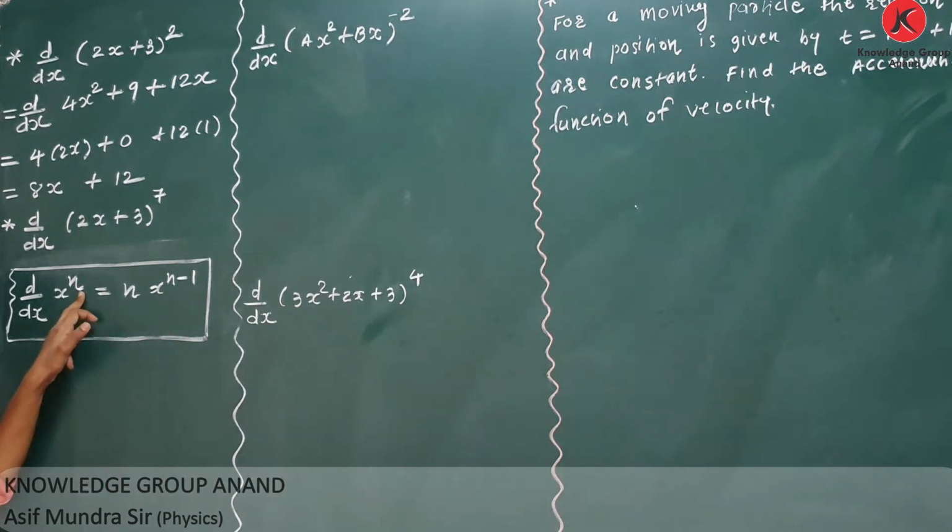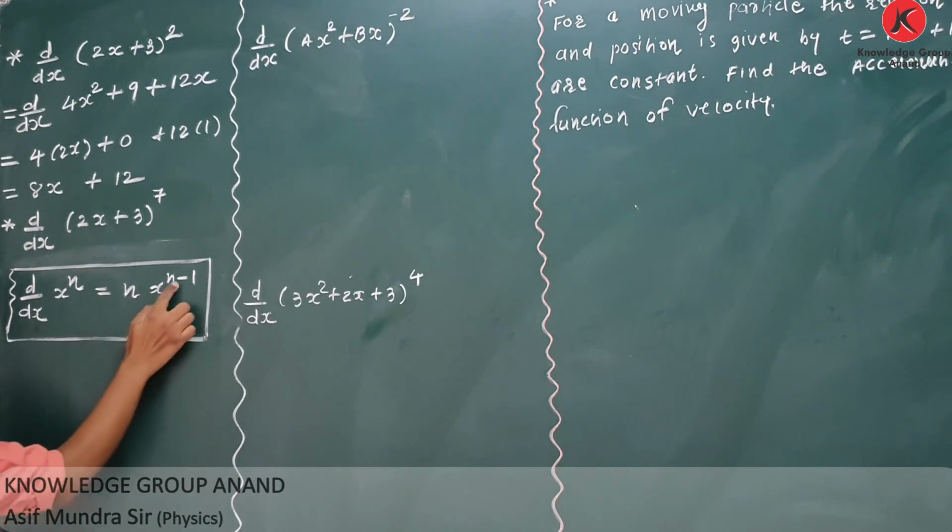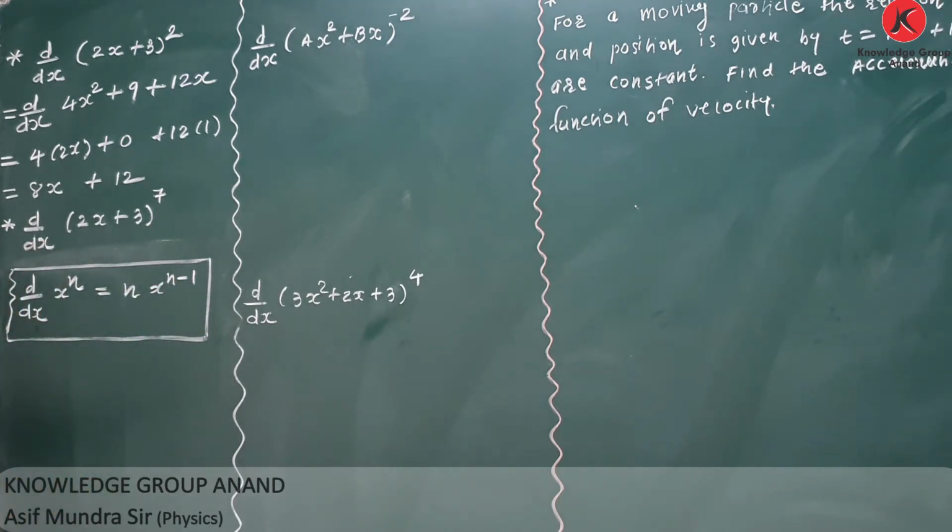This n is the power of only x. Then you can easily write it is n x raised to n minus 1. Clear about this? Again, differentiation is with respect to x, and this n is only the power of x, with no additional term. It is only x. Then its answer is n x raised to n minus 1.